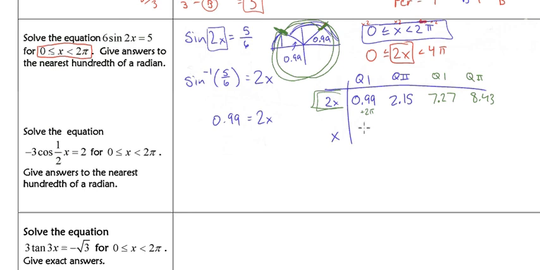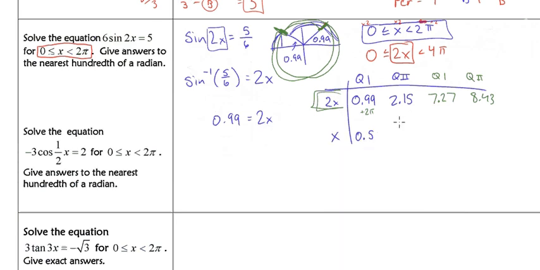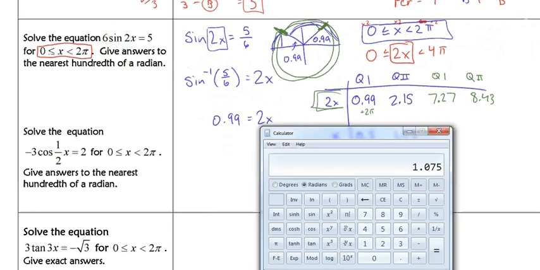So x is going to be, and we'll round here, 0.449, so we'll round up to 0.5 radians. 2.15 divided by 2 is 1.08 radians. 7.27 divided by 2 is 3.64 radians.